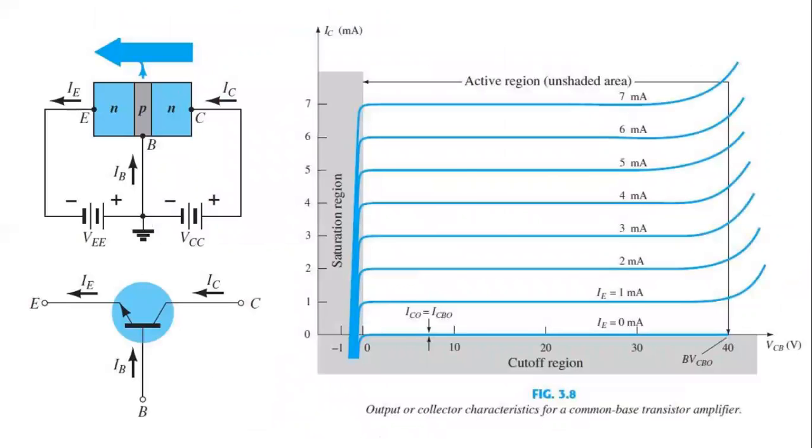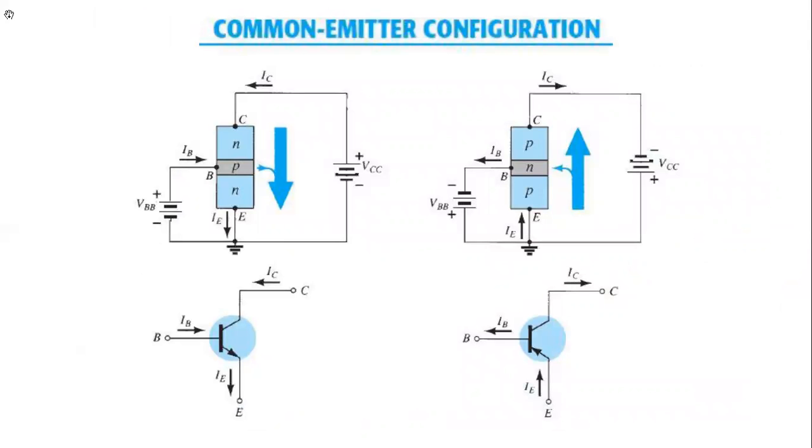My students, by the name you can definitely predict that in the common emitter, the emitter will be common, both in the input side and the output side.